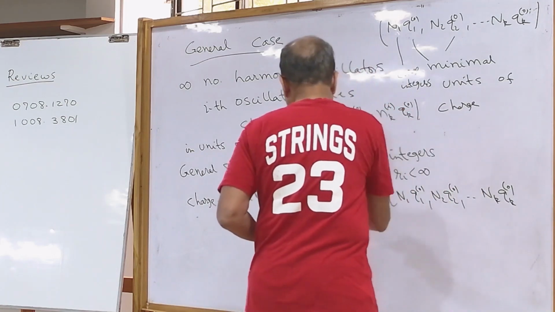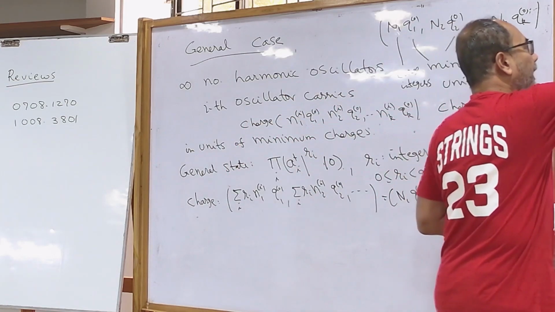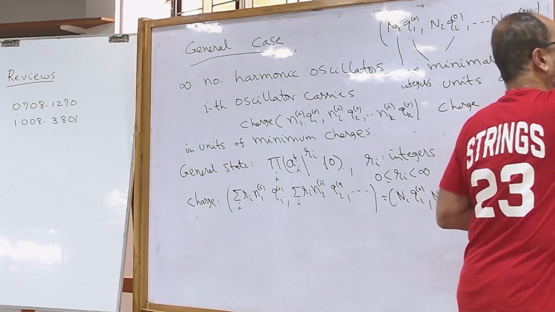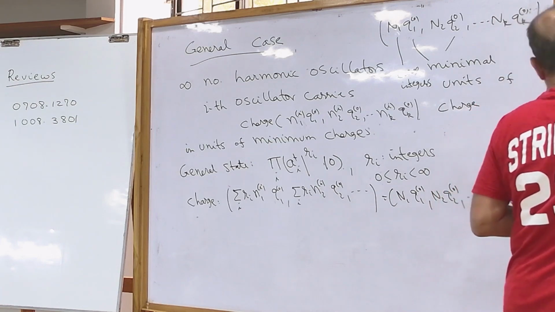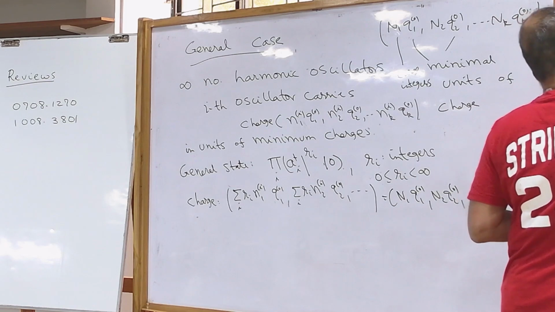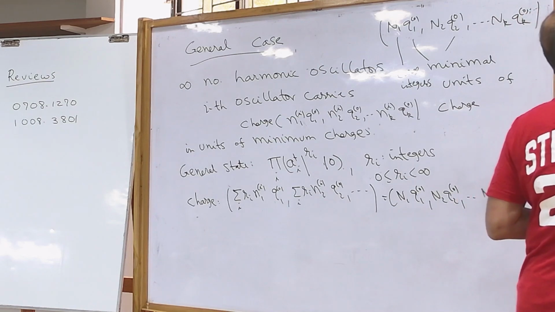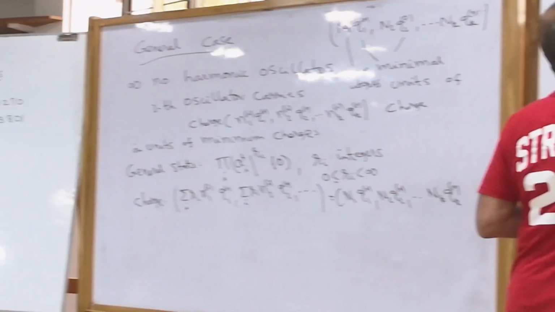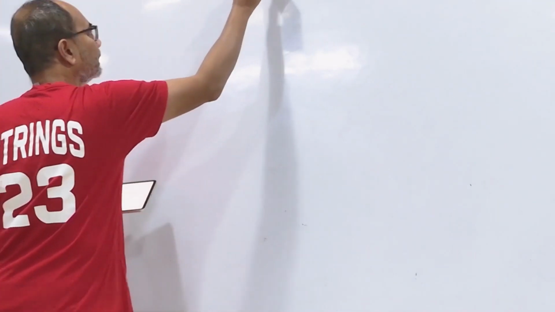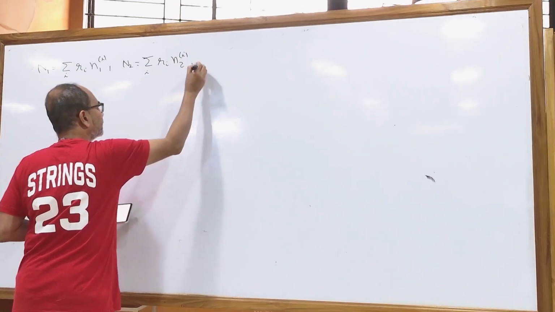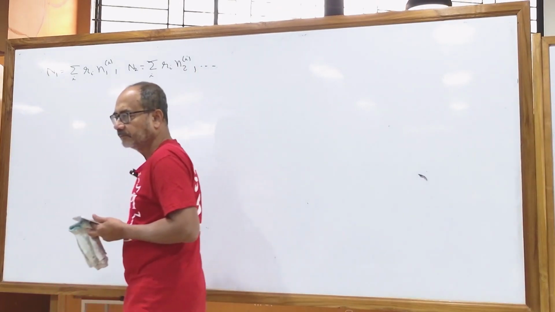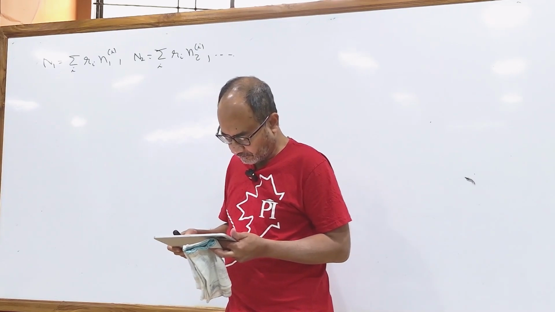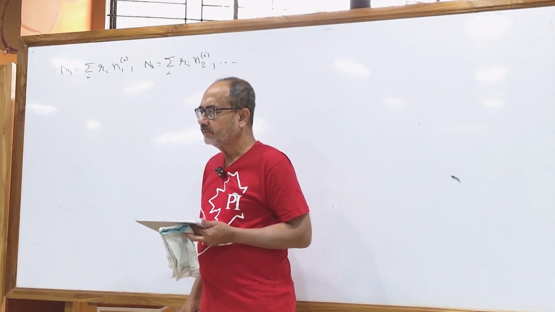So by comparing the two sides, we will see that n1 is the sum over i of ri n1i. Is this clear?